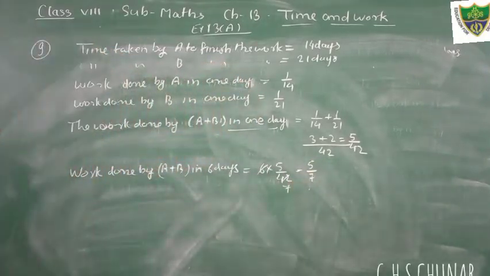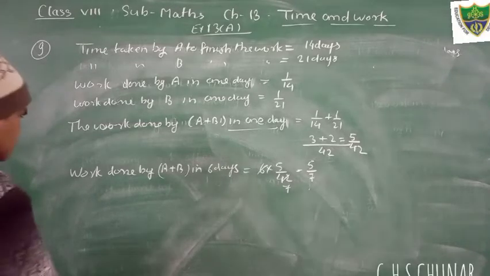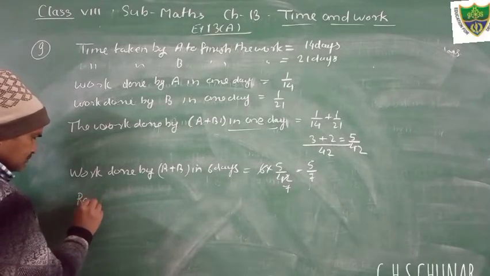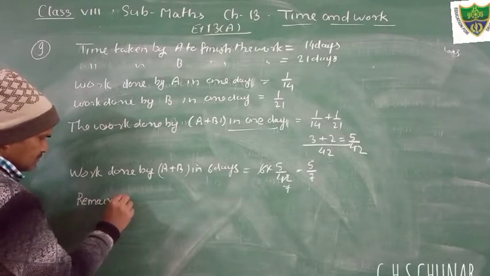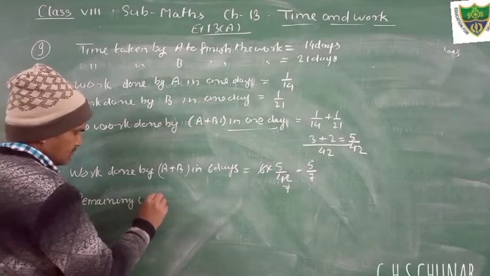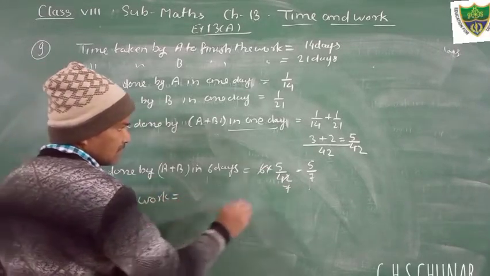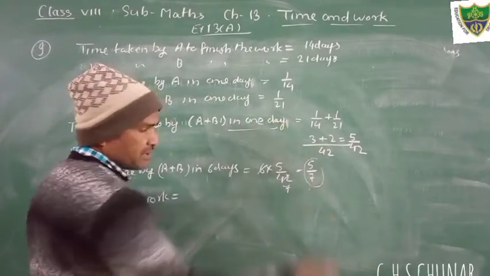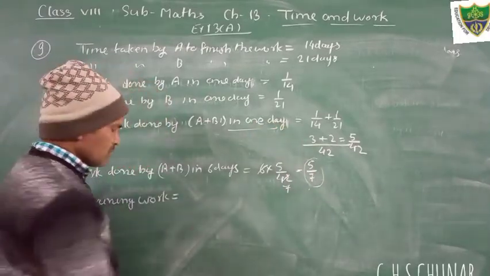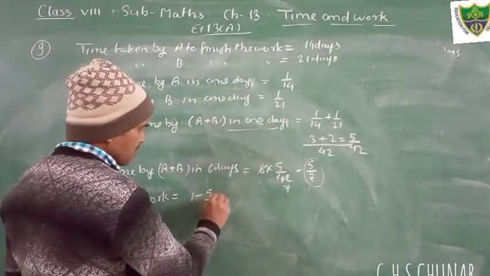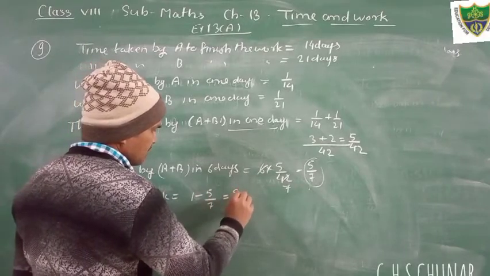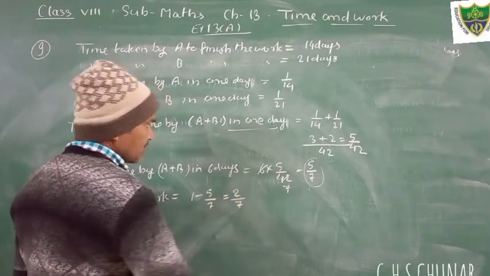Right? After the 6 days, A fell ill and B completed the remaining work alone. Now we will find in how many days the work is completed. The remaining work is 1 minus 5 upon 7, that is 2 upon 7.